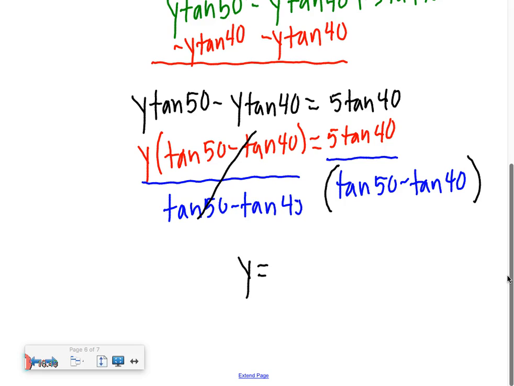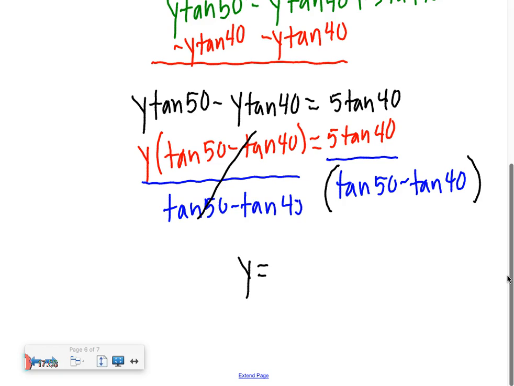Yeah, perfect. Divide. Now we're going to do the denominator. And 40.